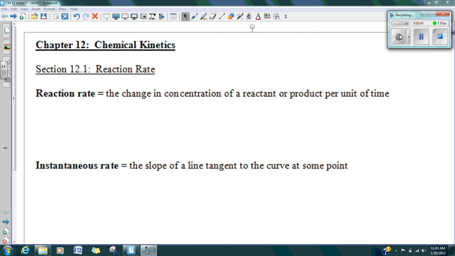If we take a look at certain things, like right now when you are eating some food, a reaction is going on in your stomach and in your body as to how quickly your body is able to decompose the food. That is all going to be a reaction rate. Some things are going to decompose very quickly.